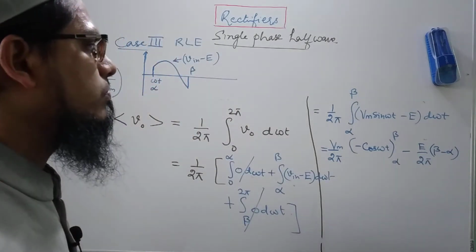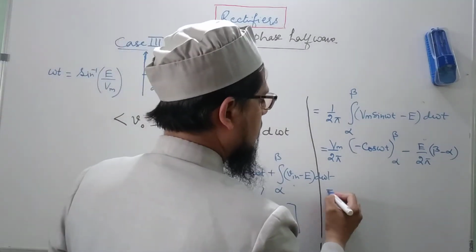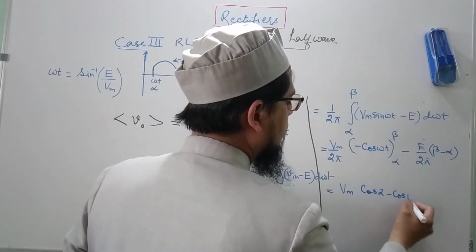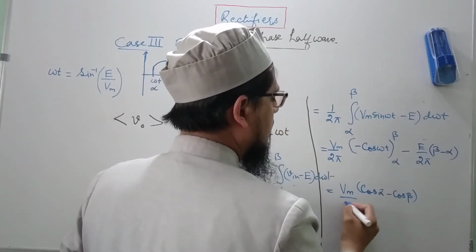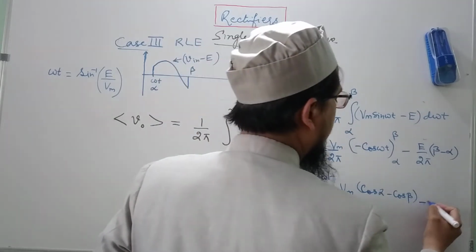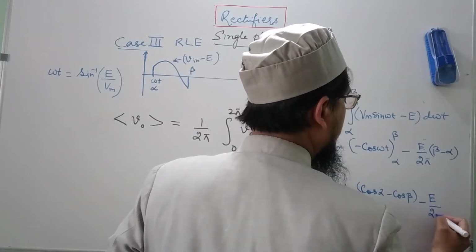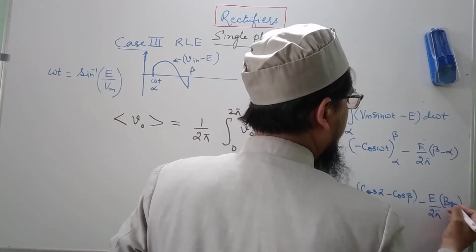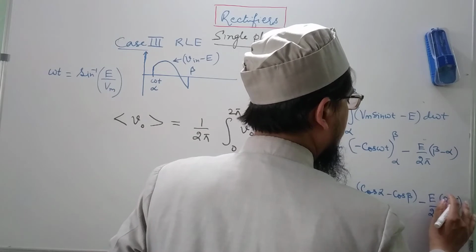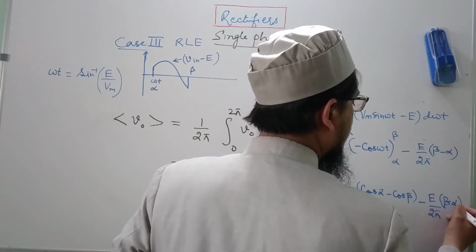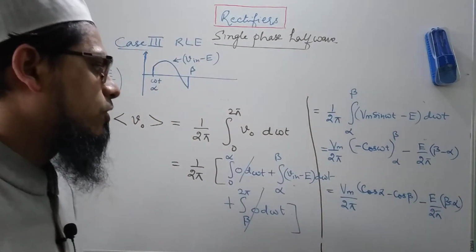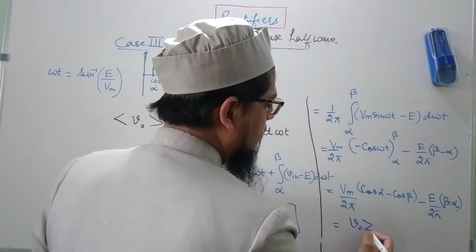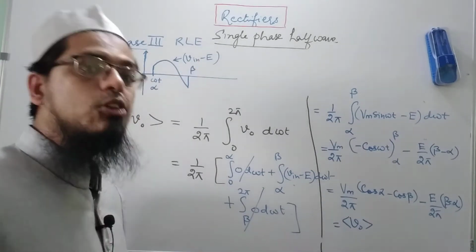Okay, so this is equal to Vm by 2 pi into cos of alpha minus cos of beta, minus E by 2 pi into beta minus alpha. So this should be the average output voltage in case of an RLE load.